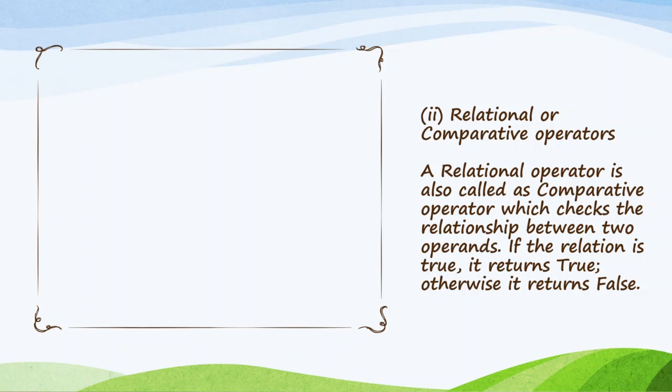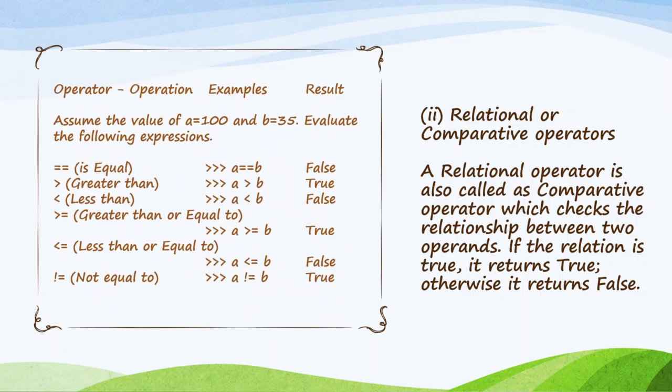Comparative operators: greater than, less than, equal to, greater than or equal to. We all are familiar with those comparative operators. So here are some comparative operators: equal to, greater than, less than or equal to, greater than or equal to, and not equal to.